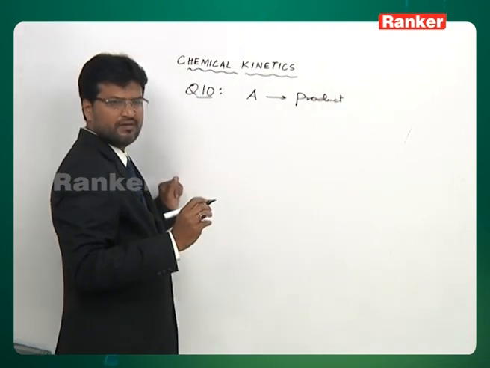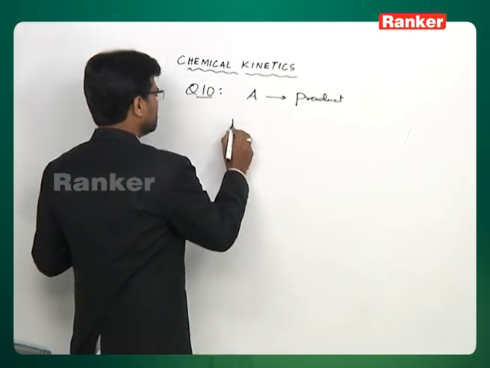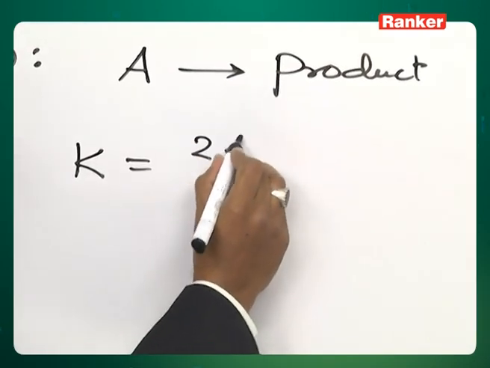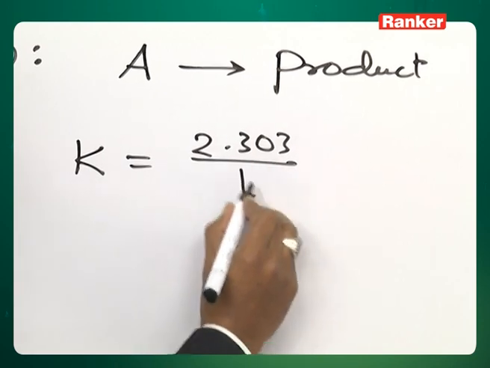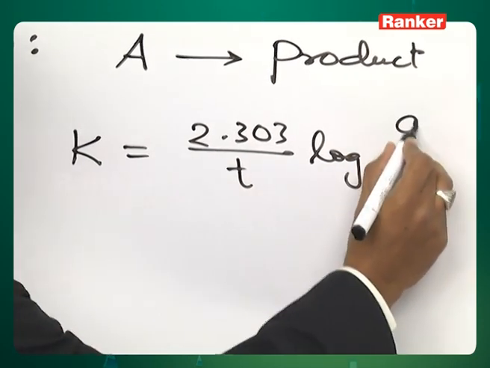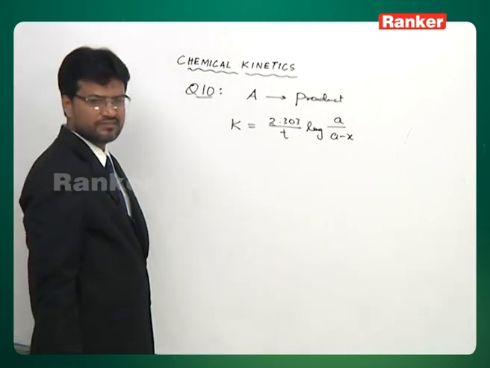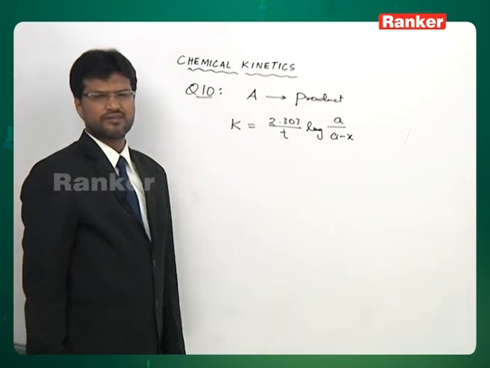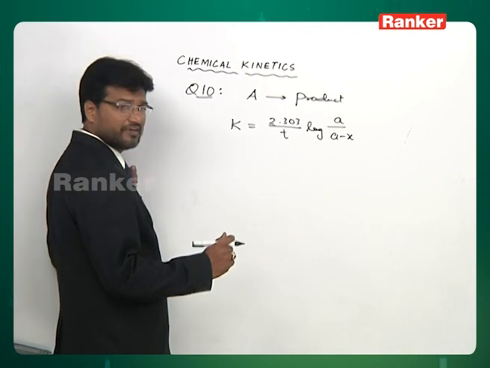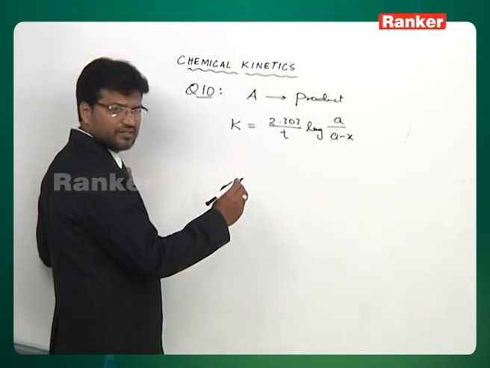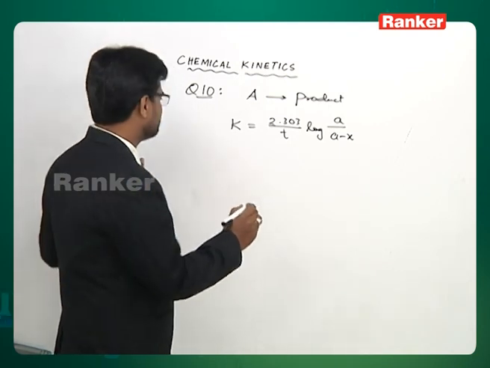Now, the rate constant is, see, this is the equation, K equals to 2.303 by T log A by A minus X. Now, what is asked is the concentration at 100 seconds. So, time is given is 100 seconds, rate constant is 2 into 10 raised to minus 2.